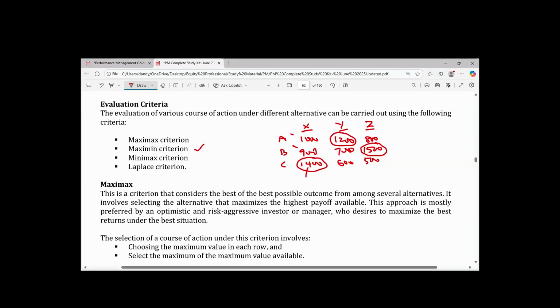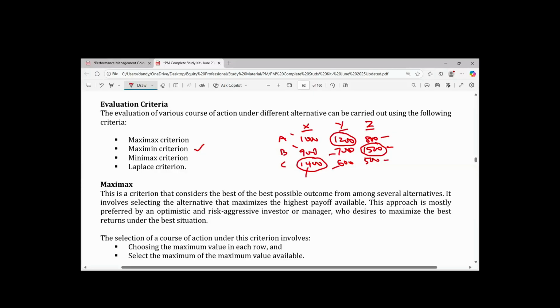I will do the same thing for the second column: 1,200 minus 1,200, 1,200 minus 700, 1,200 minus 600. The third column, the highest figure is 1,500. Therefore, 1,500 minus 1,500, 1,500 minus 800, 1,500 minus 500.